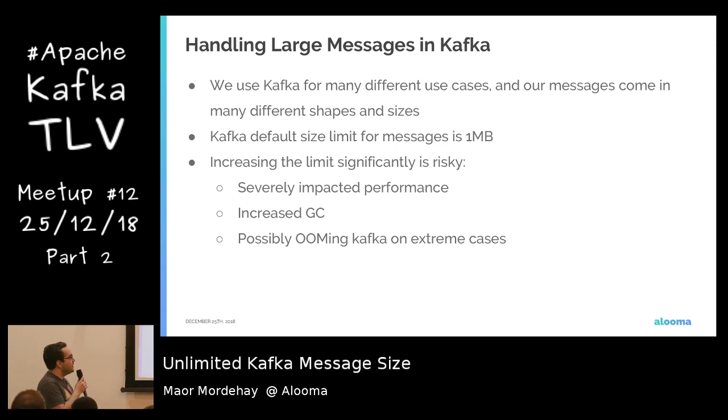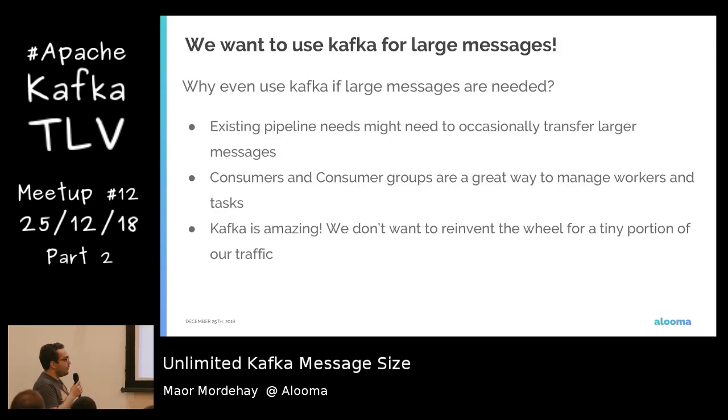So why use Kafka if it doesn't specifically match this case? Since we love Kafka, we want to use it for everything. It has a great group protocol, as you all know, and we built pipelines.